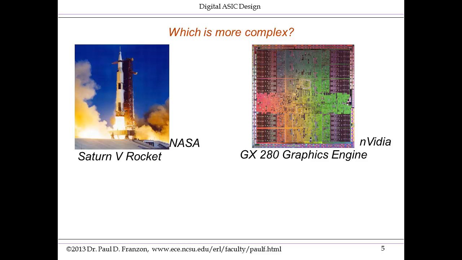Let's try another metric. Let's try money spent. The total moon program from 1961 to 1973 consumed about $120 billion in today's money. Okay, that's a lot of money. The semiconductor industry generates over $300 billion a year in revenue.